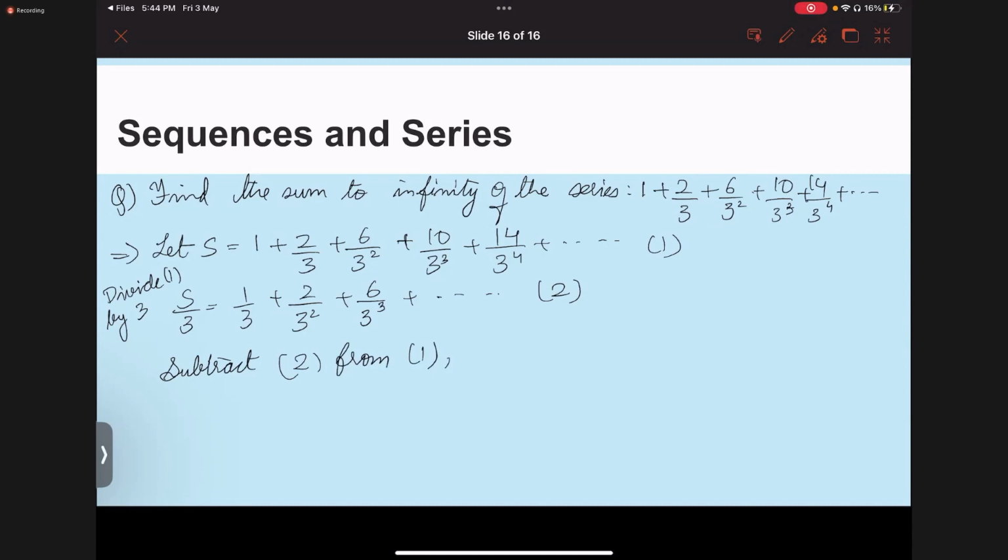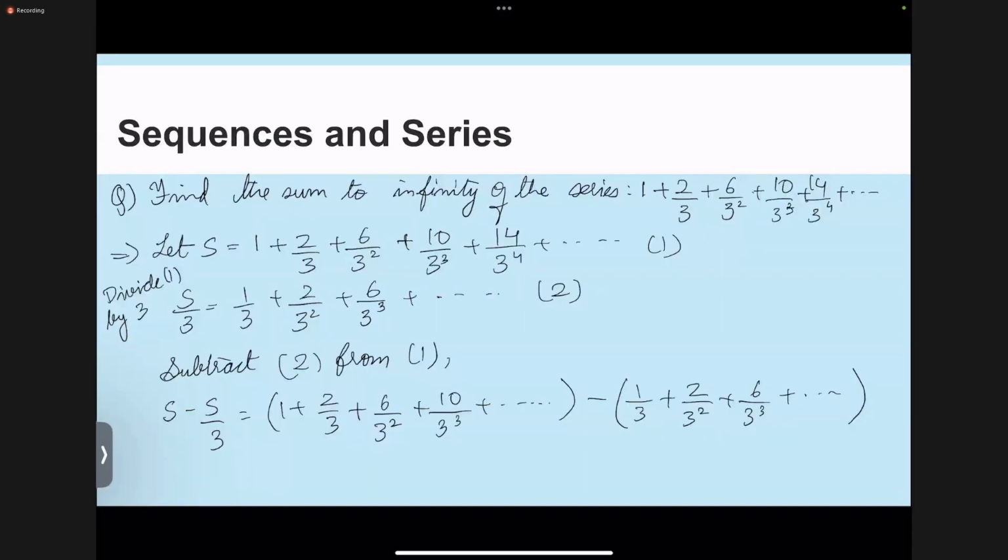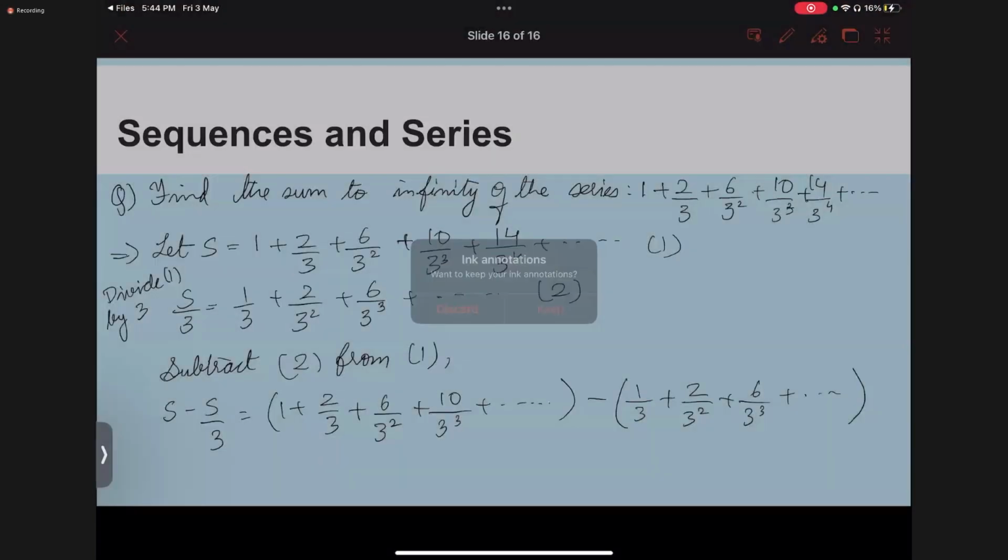Okay, so you have S minus S by 3, and that is going to be 1 plus 2 by 3 plus 6 by 3 squared plus 10 by 3 cubed and all the way up to infinity, minus 1 by 3 plus 2 by 3 square plus 6 by 3 cube plus all the way.